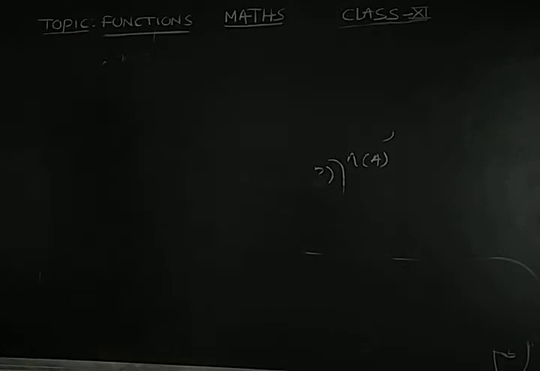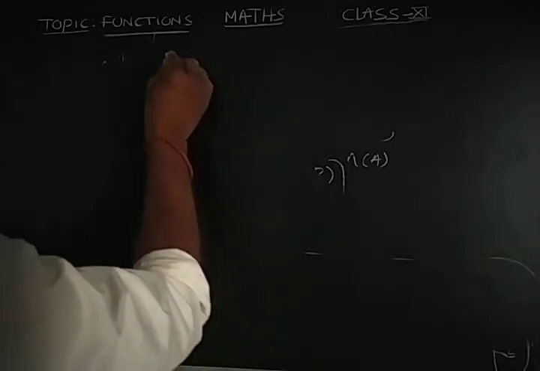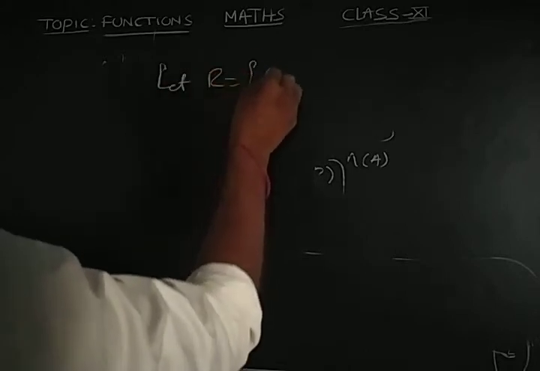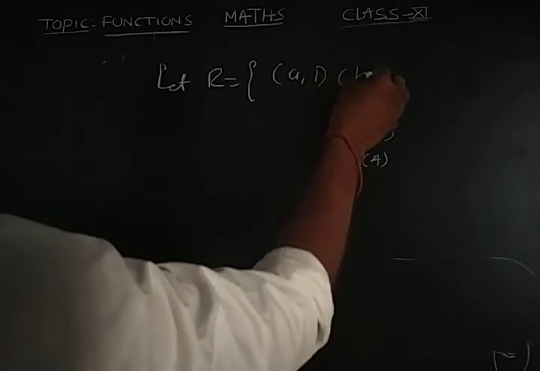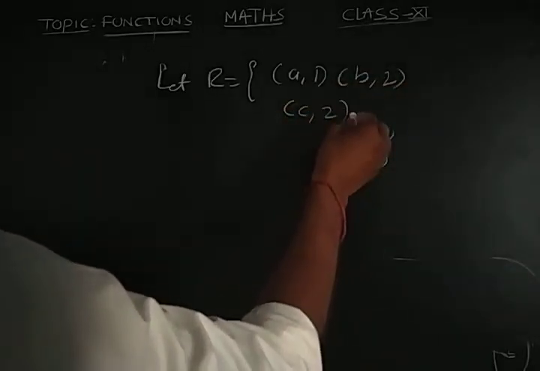Now we can give a few more examples. Suppose I have one relation R: (A, 1), (B, 2), (C, 2), (D, 4).